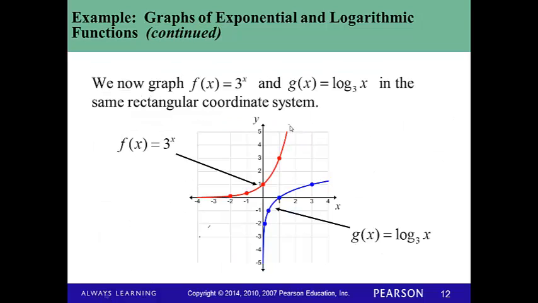The red graph is 3 to the x power, that's the exponential. And then the blue is log base 3 of x. And notice that they are inverses of each other, and they're symmetric about the line y equals x.